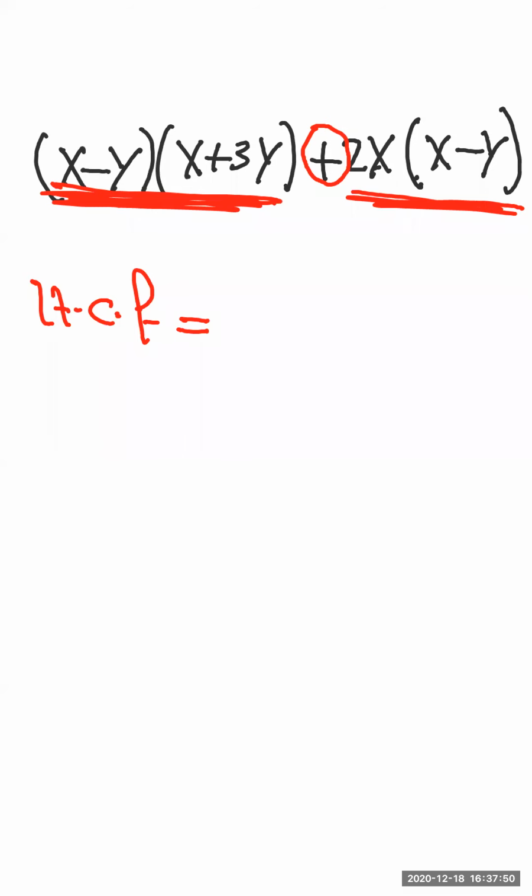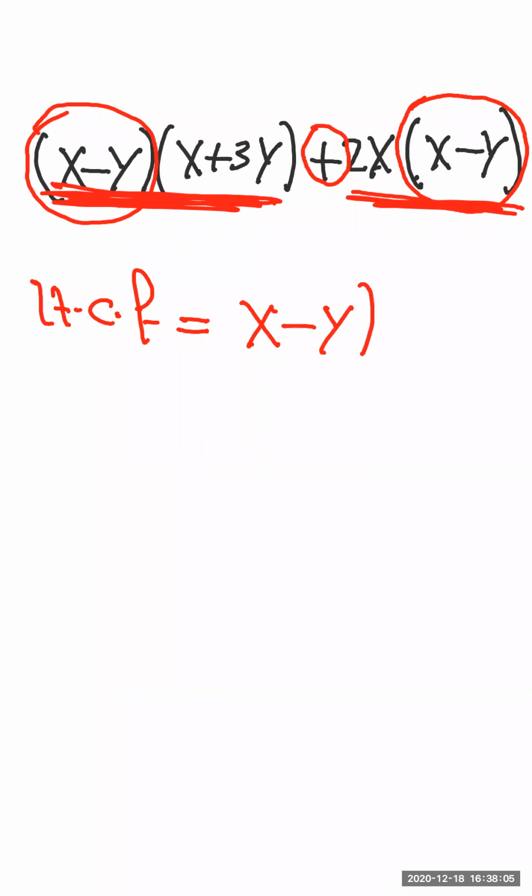What is the term which is repeated? Here in these two terms, it's x minus y and x minus y. So the highest common factor here is x minus y, like this.